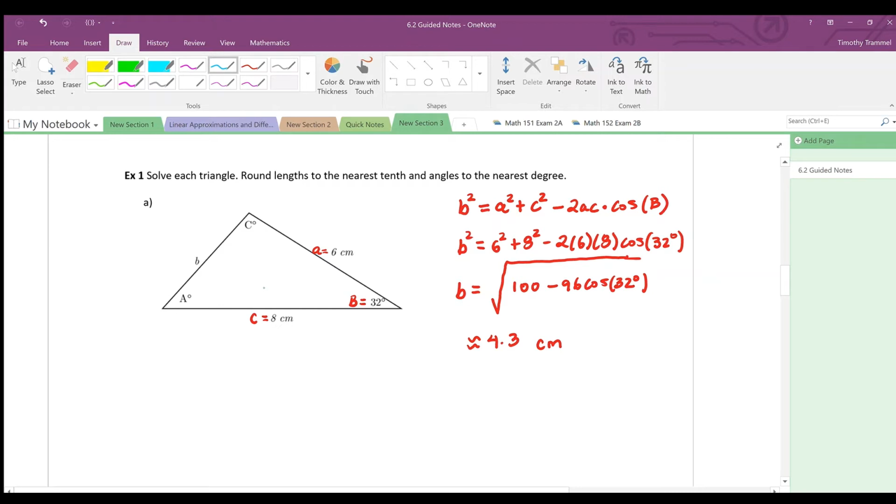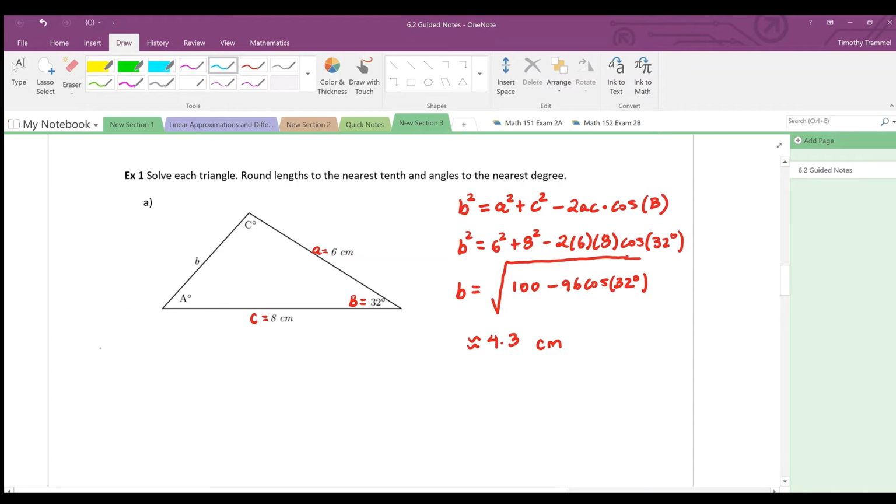So next, we now have all of the side lengths. And we do have one of the angles, but we're missing the other two. Now, we have an option here on which one of these two we want to find first. And we also actually can use law of sines now, because we do have a side length and an angle that correspond. So why don't we go ahead and use our law of sines.